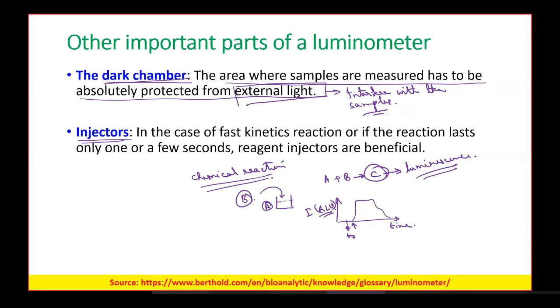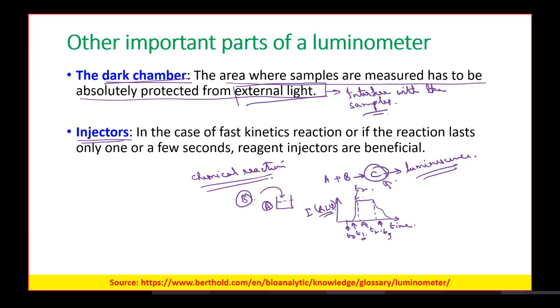At this point where there is an increase in the luminosity, you can say it is the initiation of the formation of C, and it reaches the highest point at T2. So at T2 the reaction is complete, the production of C is completed, and up to T3 it stays constant.